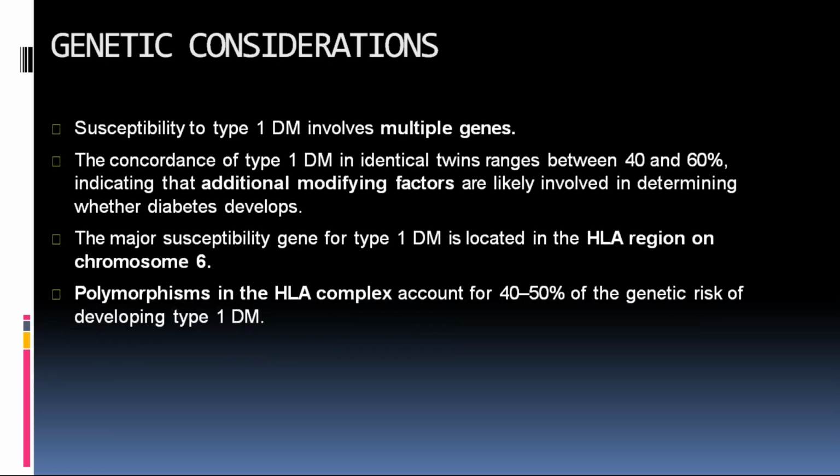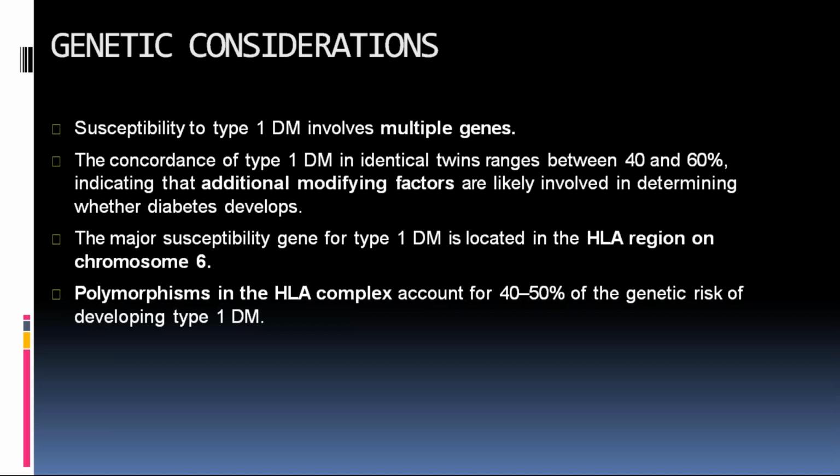Now coming to genetic considerations. Susceptibility to type 1 diabetes involves multiple genes, and the concordance of type 1 diabetes in identical twins ranges from 40 to 60%, indicating that additional modifying factors are likely involved in determining whether diabetes develops.